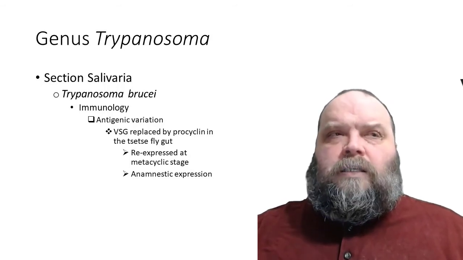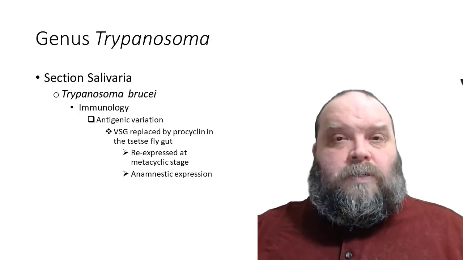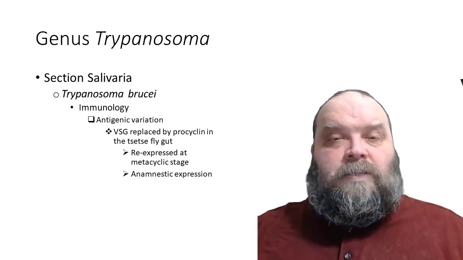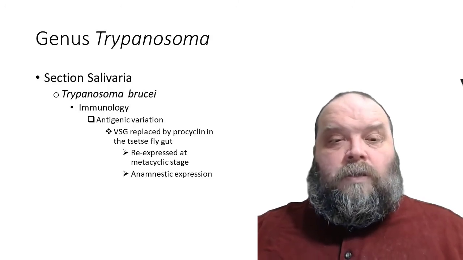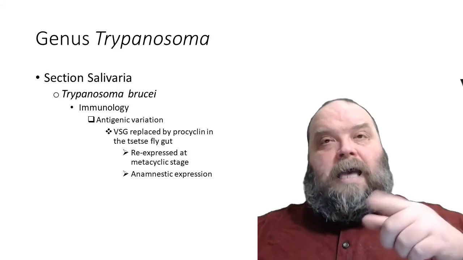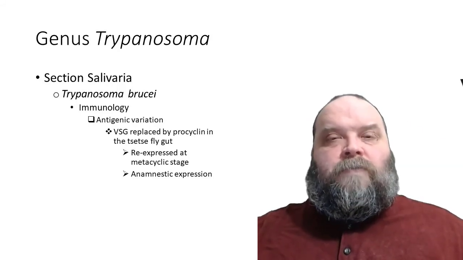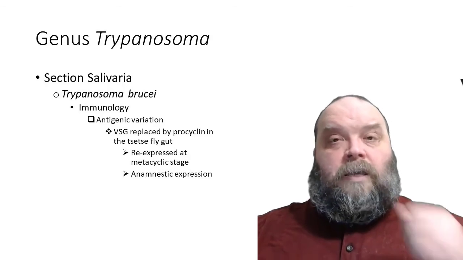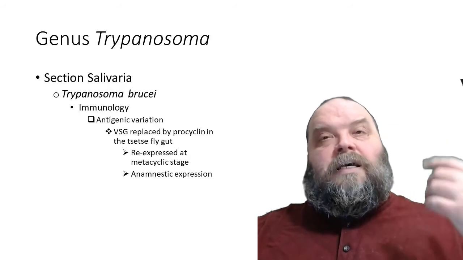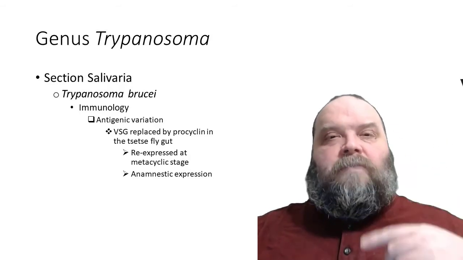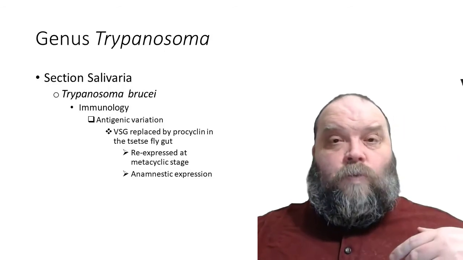The procyclin seems to give the trypomastigote in the tsetse fly gut some protection from the digestive environment. As the parasite goes through its different stages in the tsetse fly gastrointestinal system, procyclin's there until it starts to traffic back to the salivary glands, the buccal cavity, where the procyclin goes away.